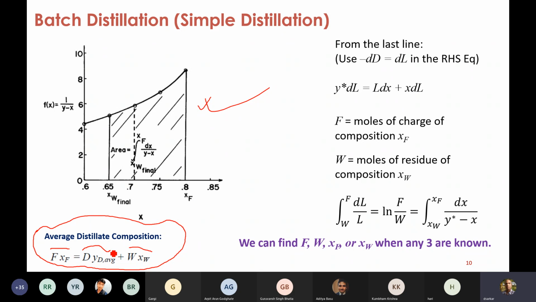Since the vapor has kept on changing its composition, you assume an average composition, yD average. So that multiplied by the distillate amount will give you the overall mass balance equation in terms of A, and from this you can compute this yD average.